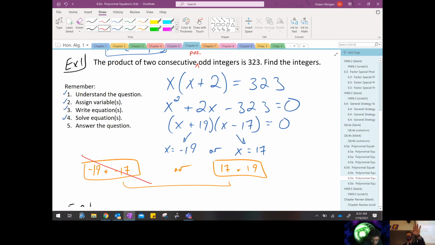We'd say, I don't need that. Get rid of it. Okay. We talked about that before, right? You can't forget that. Extraneous solutions. So be on the lookout for that. Answer the question. Now, I'm warning you now so that when you are working a word problem and you tell me negative 19 and negative 17 or 17 and 19, and I count off, you don't get your feelings hurt, okay? Because you don't want to include an extraneous solution in your set of answers if that is the case.